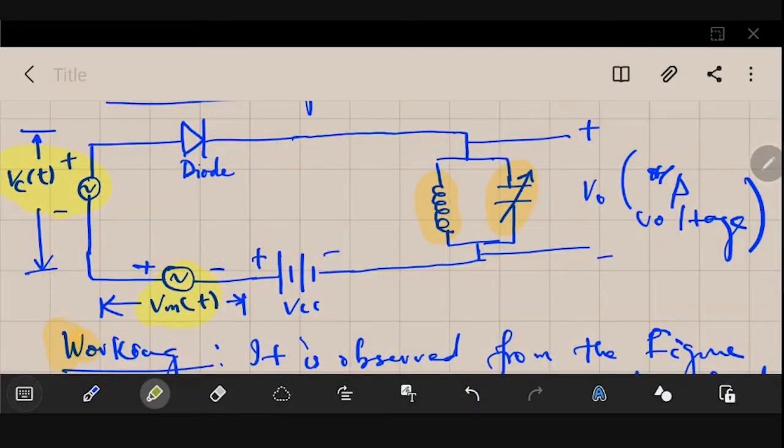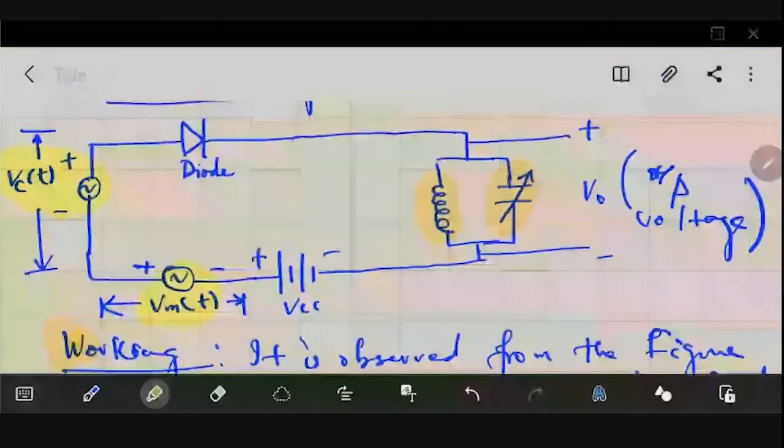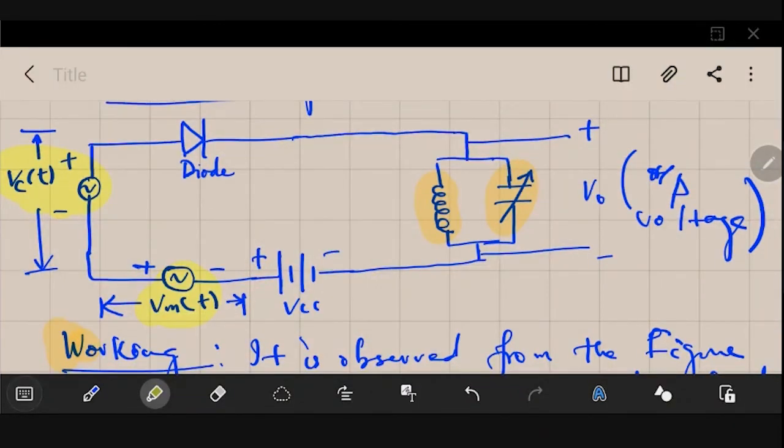We will see mathematically how that is happening, but for the time being, understand that when we apply these two input signals across this diode, it will give us the product as well as some other components. Some might be higher frequency components, some might be lower. So it will generate different frequency components.